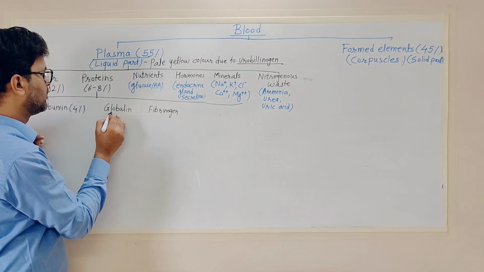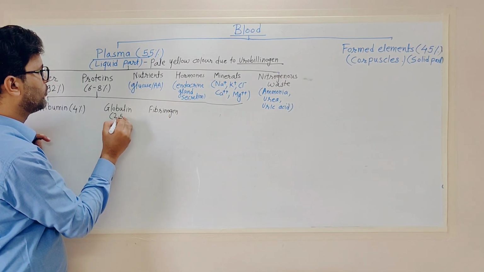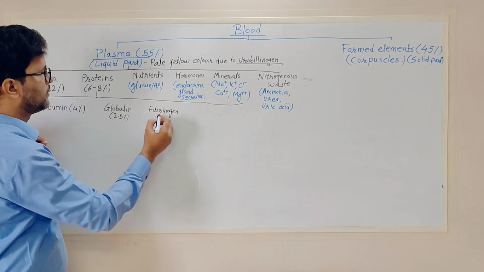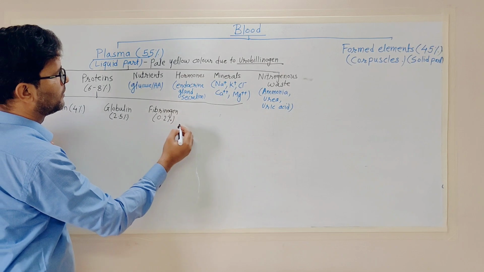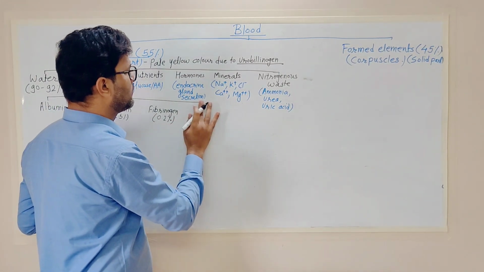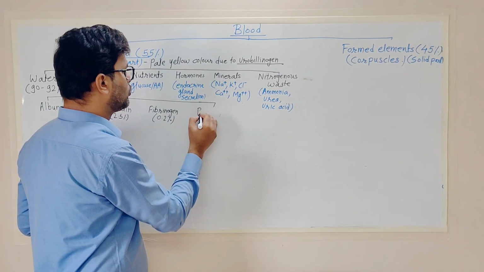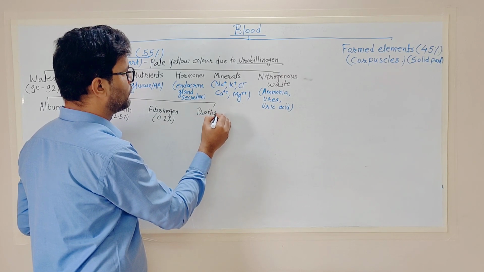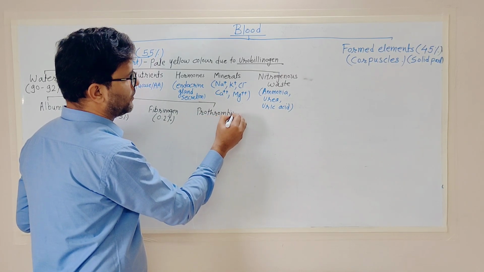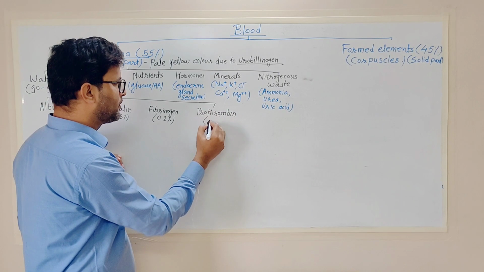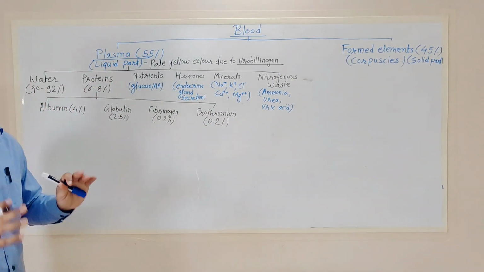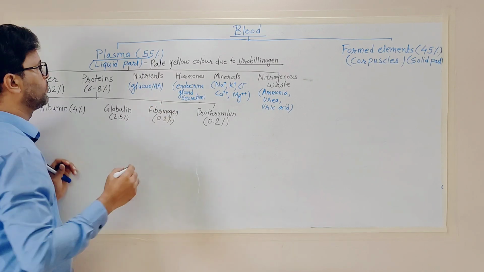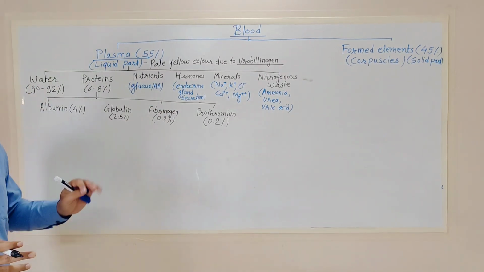Globulin is 2.5%, then fibrinogen is 0.2%, and the last one is the prothrombin. See, prothrombin is not given in NCERT, but it is very important when we study about the blood protein or plasma protein.